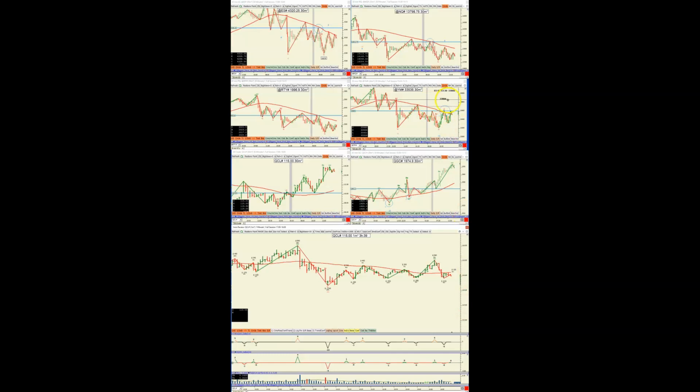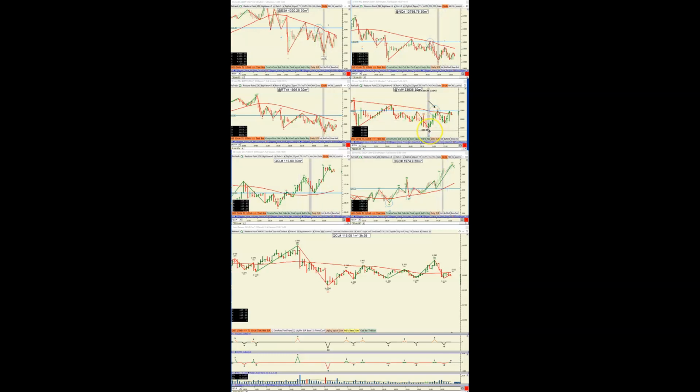So we'll first take a look at the latest one, which was right here on the Dow, that upthrust. What happened? You have a downtrend. First of all, you have to do it with trend. If you're not doing it with trend, there's going to be problems. So this is an upthrust.